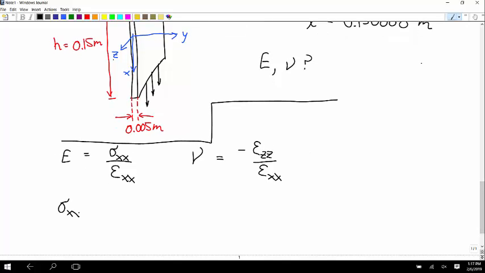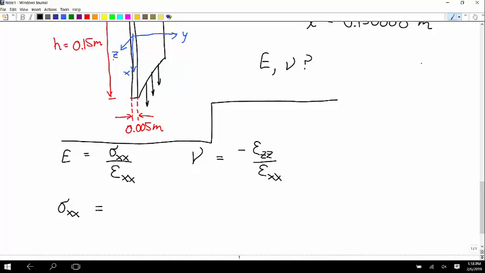And so to get these two values, we need sigma XX, epsilon XX, and epsilon ZZ. So sigma XX is equal to the total force divided by the cross-sectional area that resists it. Back in my bodybuilding days, when I'm doing lat pulls, what is it about the dimensions of my muscles that determines how strong I am?